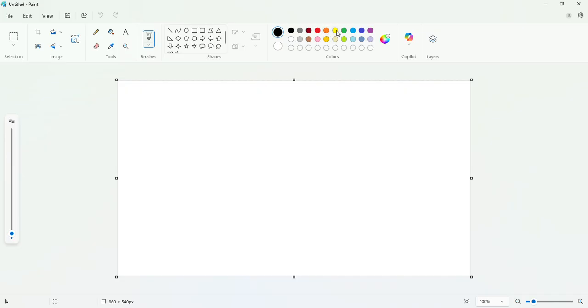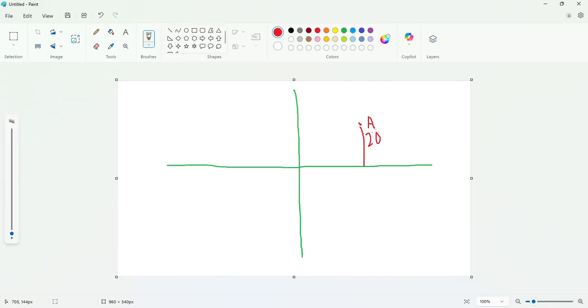For example, continue with this. This is HP, this is VP, and this is HP. Now our point A is here, which is 20 mm above HP and 30 in front of VP. So we have to draw the projection, and we need two views, front view and top view.